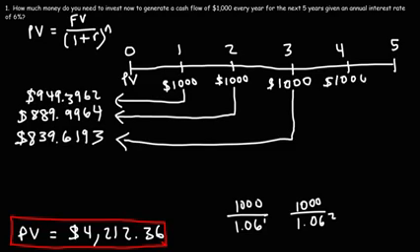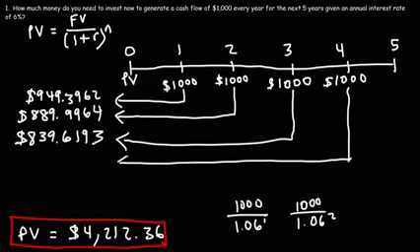Now let's continue the process. If we take 1,000 divided by 1.06 raised to the fourth power, we'll get this answer, $792.09. Now what about $1,000 5 years from now?